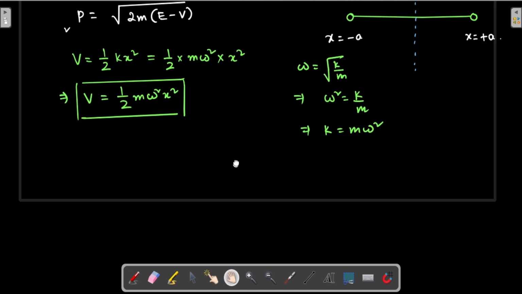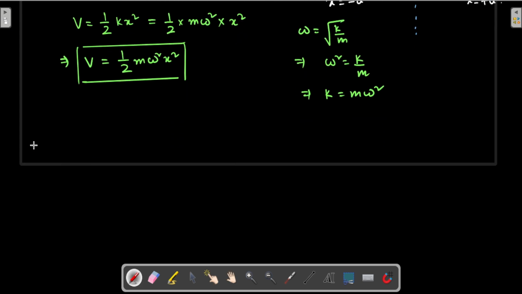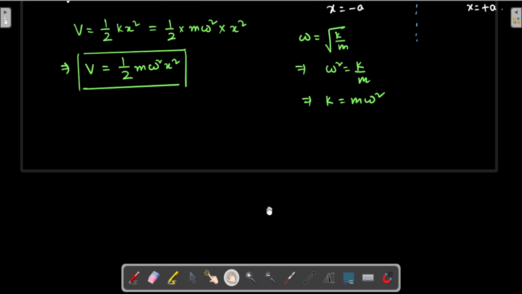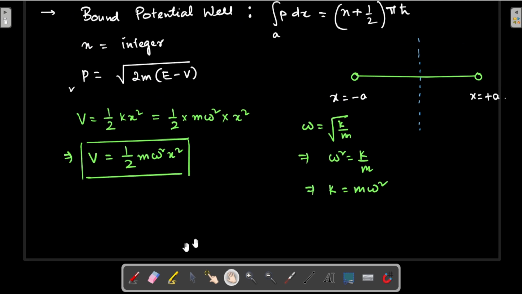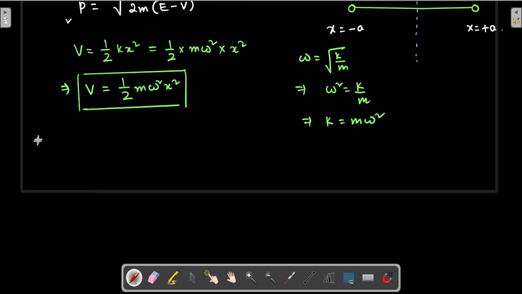Okay, as we know there are two turning points of a linear harmonic oscillator, for the two extremities we can write x equals plus minus a and E equals V max.